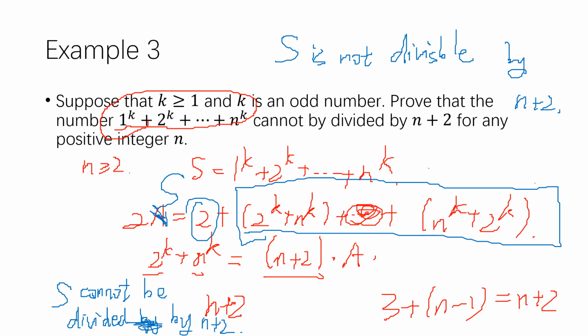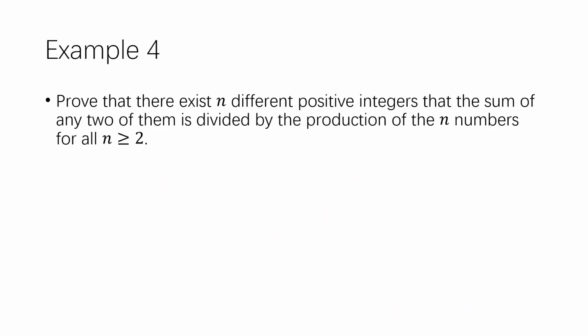Here's another example. Prove that there exist n different positive integers such that the sum of any two of them is divisible by the product of the n numbers, for all n greater than or equal to 2.